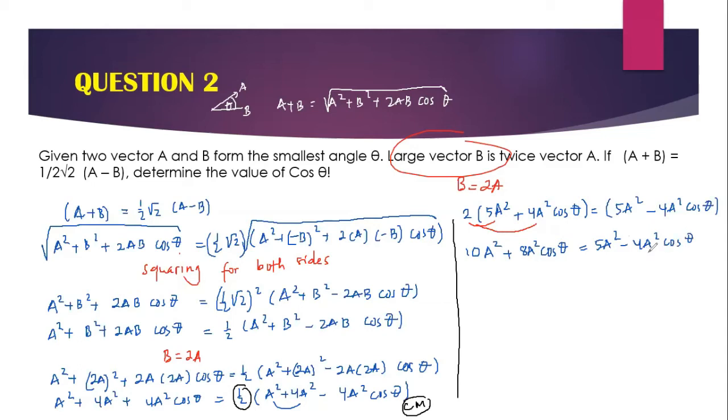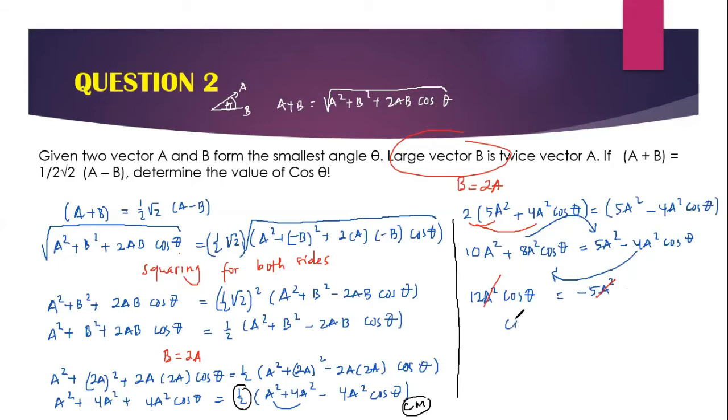Next, using the algebra, go to the left, go to the right. So how many here? 12a square cosine theta equal minus 5a square. Correct, everyone? Next, you have to cancel a square.